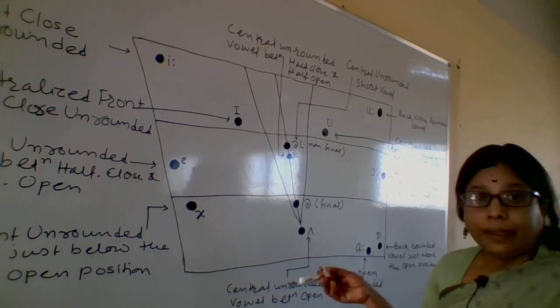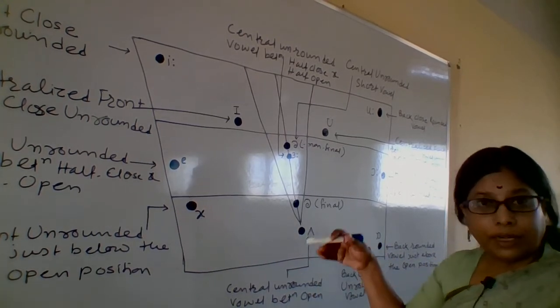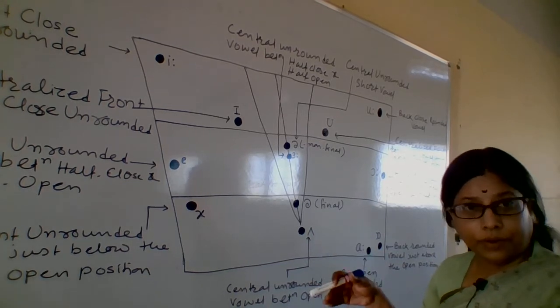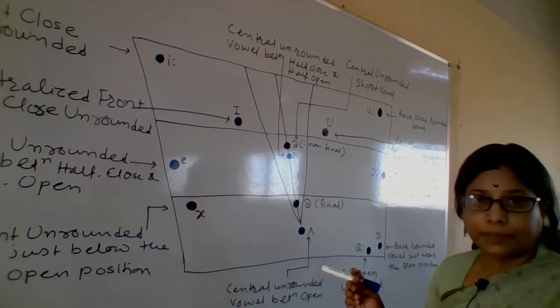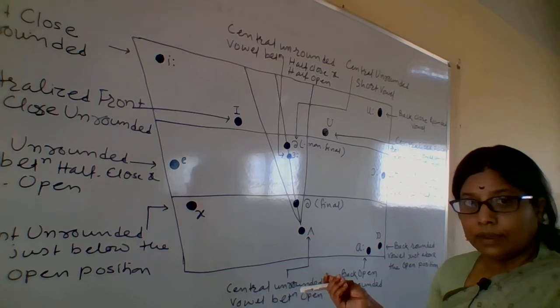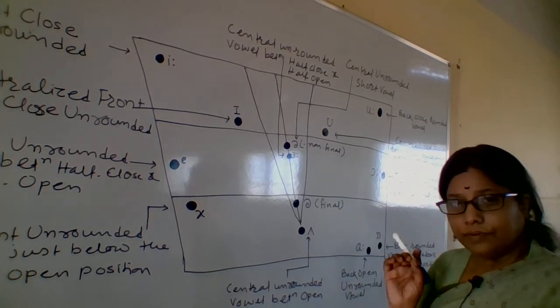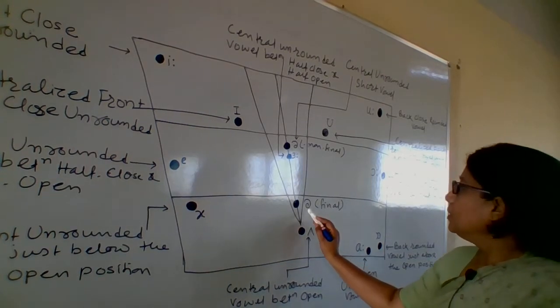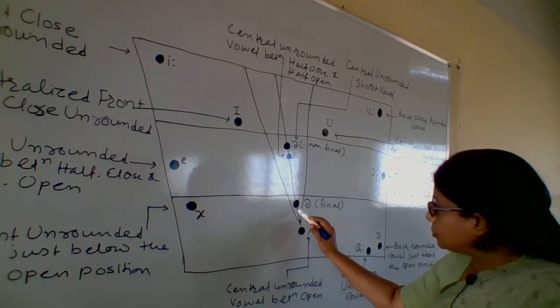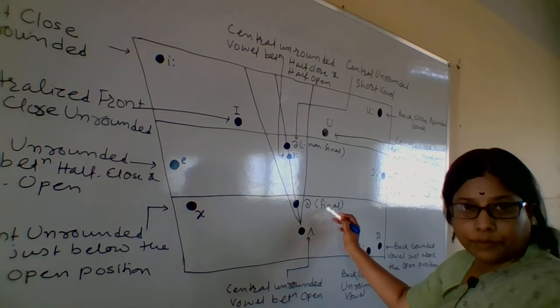But when it comes in the word final position, at the end of a word, for example, India, China, it is not China or India, it is weak A. So, in the final position, it is produced here just below the half open position.